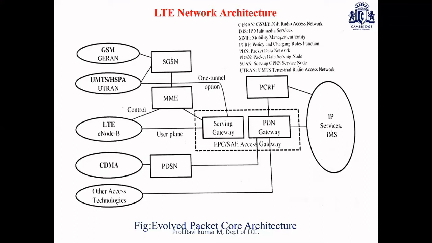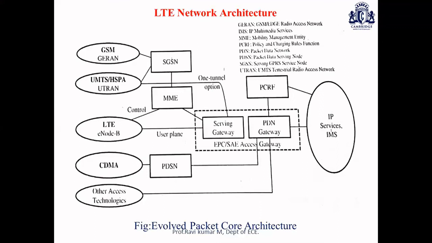Enhanced UTRAN contains evolved base stations called eNode B, or enhanced Node B, nothing but the enhanced base station. In the LTE network architecture, we have four new elements with respect to the evolved packet core: serving gateway, packet gateway, mobility management entity, and PCRF, that's policy and charging rule function.